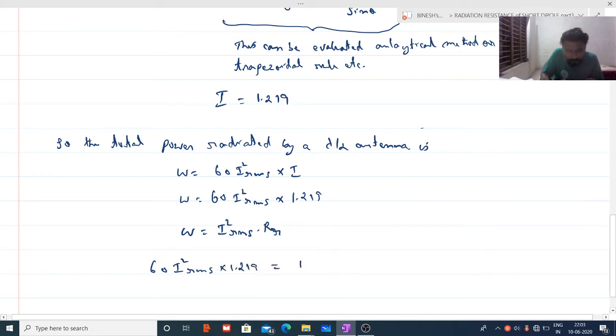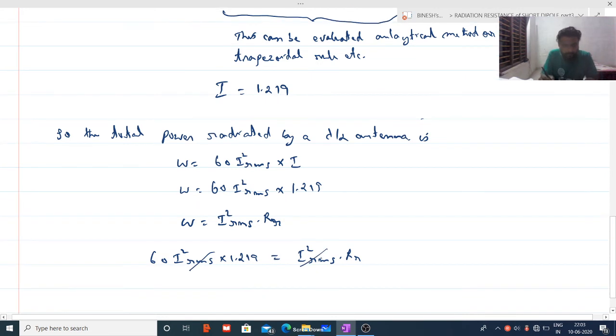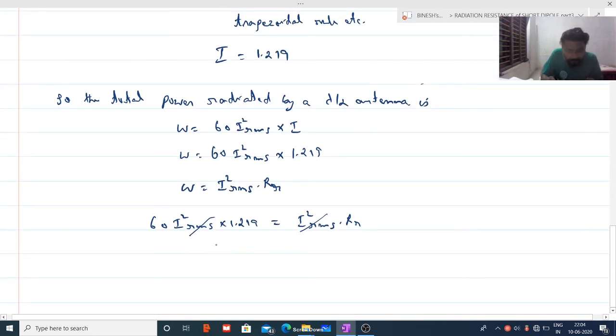Also W is nothing but I square RMS into RR. So 60 I square RMS into 1.219 equals I square RMS into RR. I square RMS and I square RMS get cancelled. So RR is nothing but 73.14, which is nearly equal to 73.